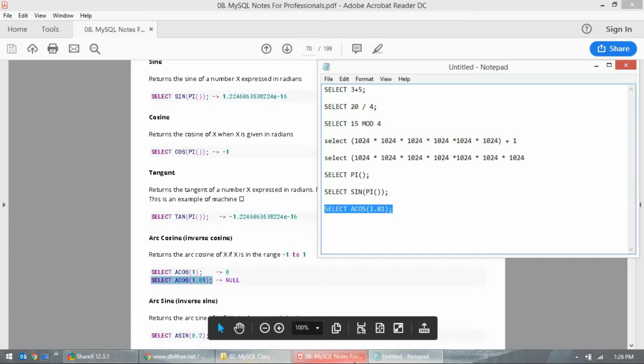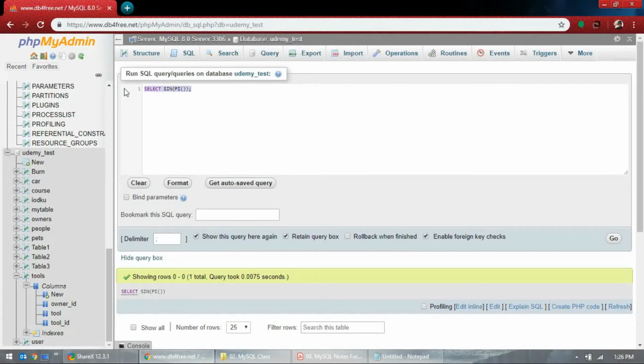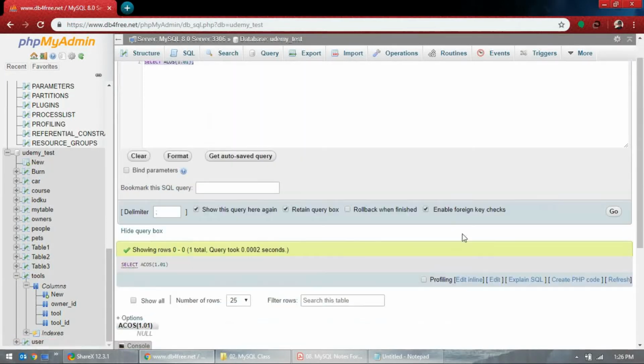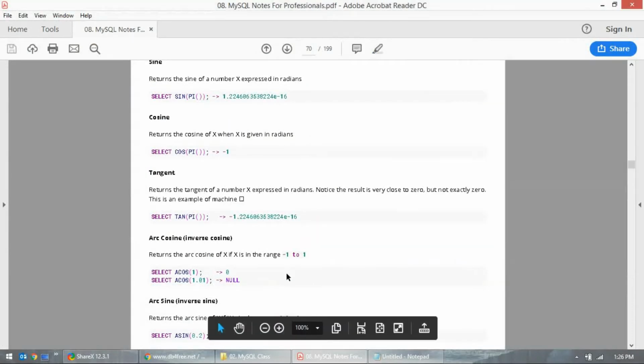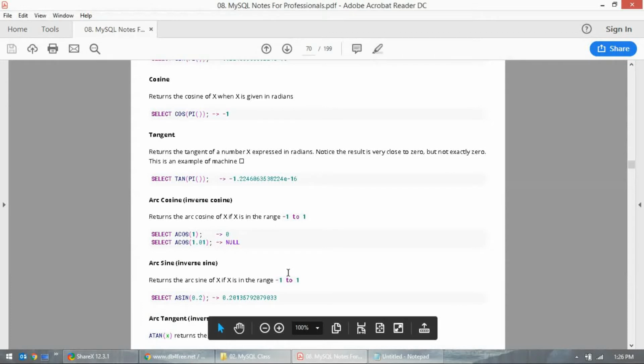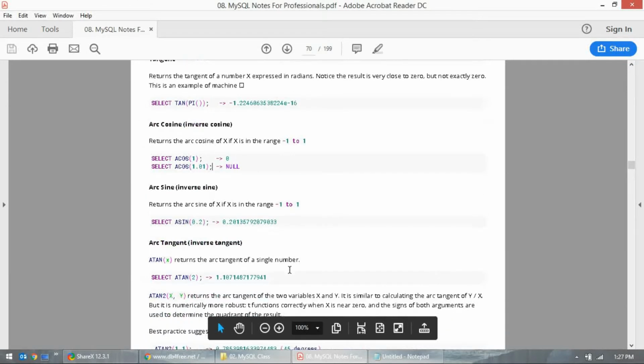This is inverse cosine. Actually here you have null. See here, null. Then arc sine, arc tangent, you can try this. All these queries are here, so no big deal.